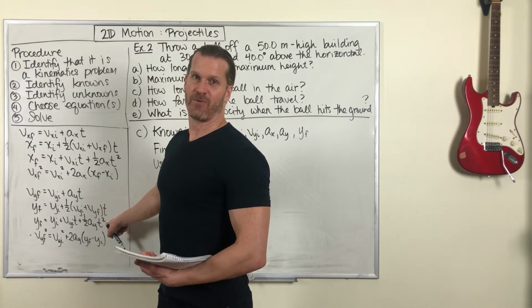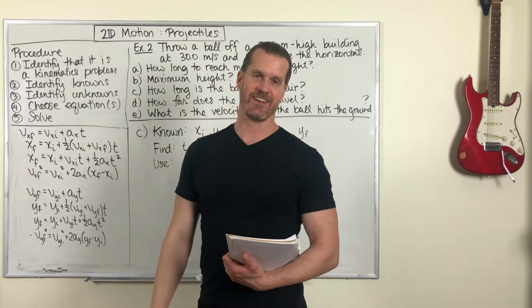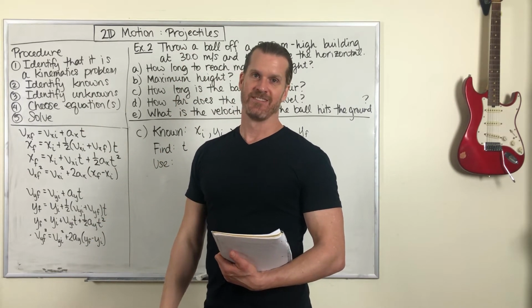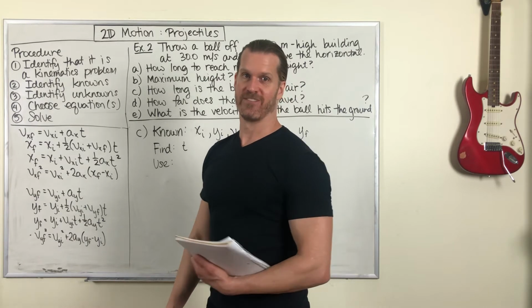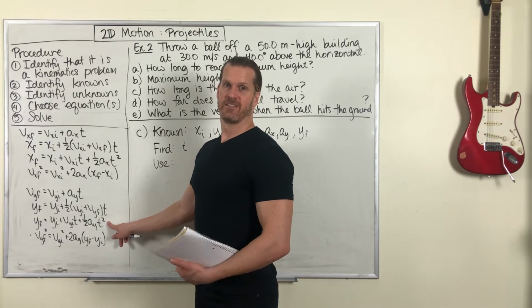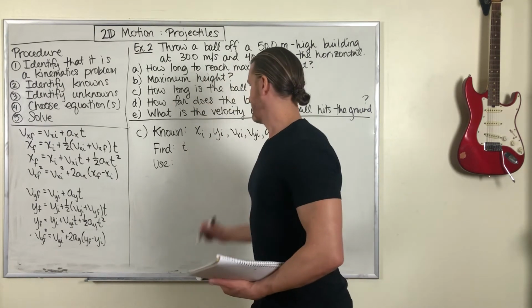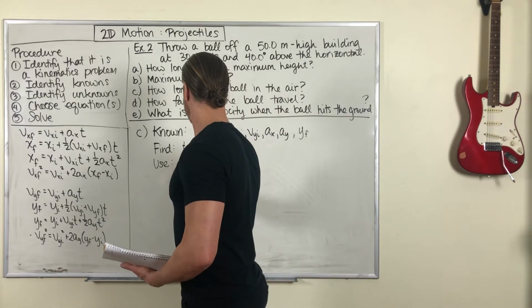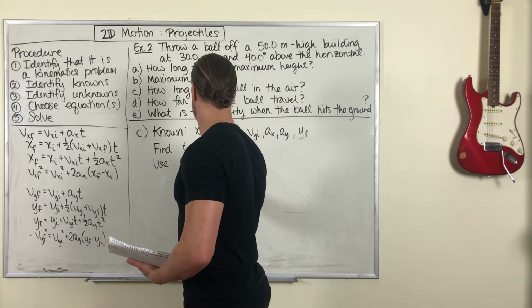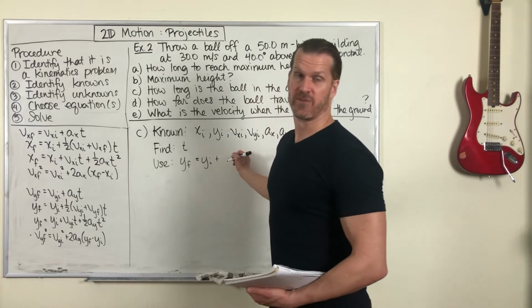And I've said this before, but if you don't believe me, go through and check all 8 equations and see which one you're able to solve with algebra, and it's only this one where it's possible to solve for t. And I have some bad news about this equation. We have to use the quadratic formula to solve it now.